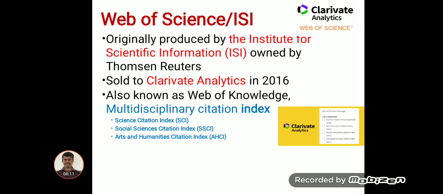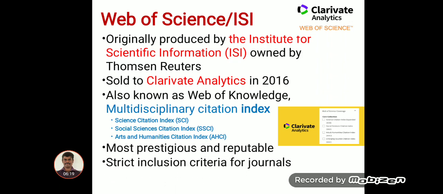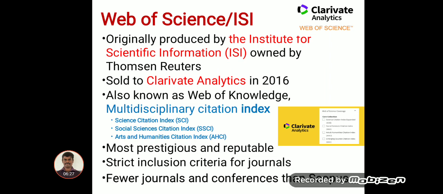So these are the multidisciplinary citation indexes included in the Web of Science database. And this database is the most prestigious and reputable one. It has strict inclusion criteria for journals. Only fewer journals and conferences are included in this database when compared to Scopus.